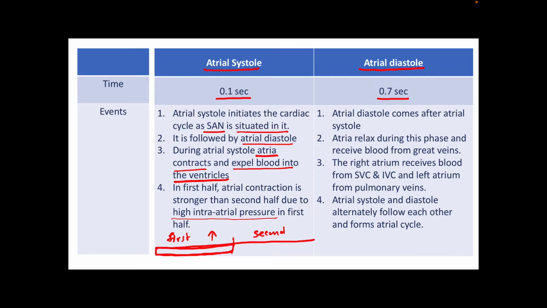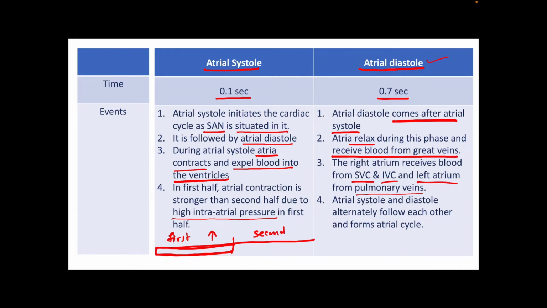Okay, now the second phase, that is the atrial diastole. So atrial diastole, it comes after the atrial systole, and in this phase atria relax and they receive blood from the great veins. So the right atrium receives blood from the superior vena cava, inferior vena cava, and the left atrium receives blood from the pulmonary veins.